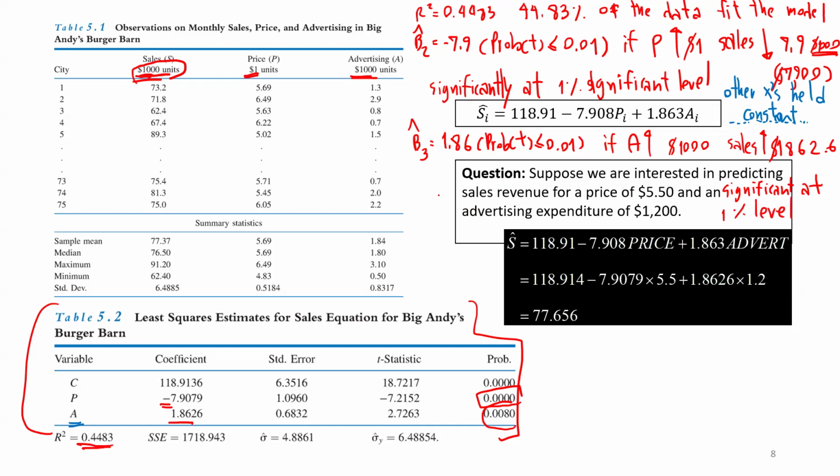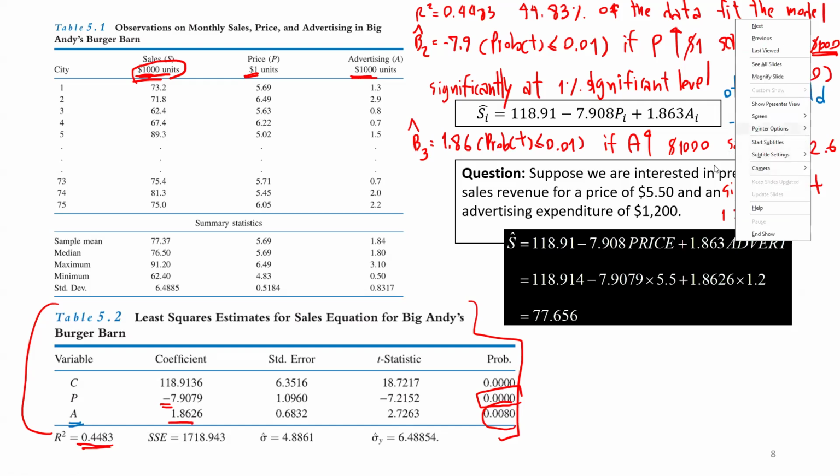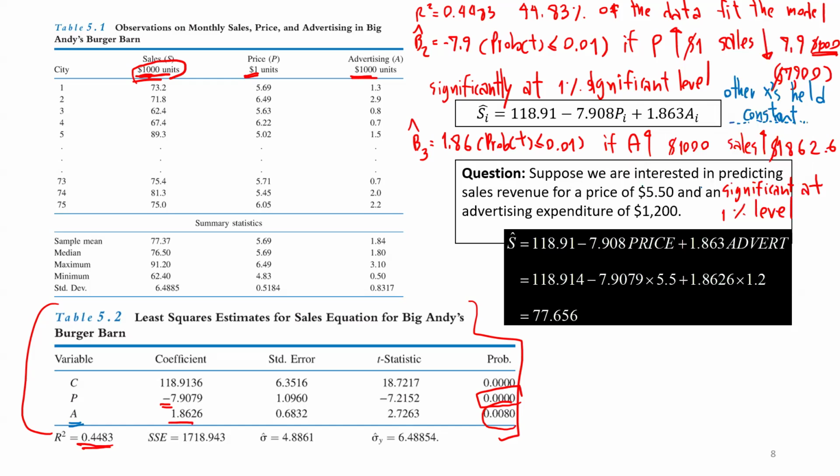You can write significantly at 1% level, or significant at 99% confidence, any wording. And then you also have to write that it holds with the other X constant.